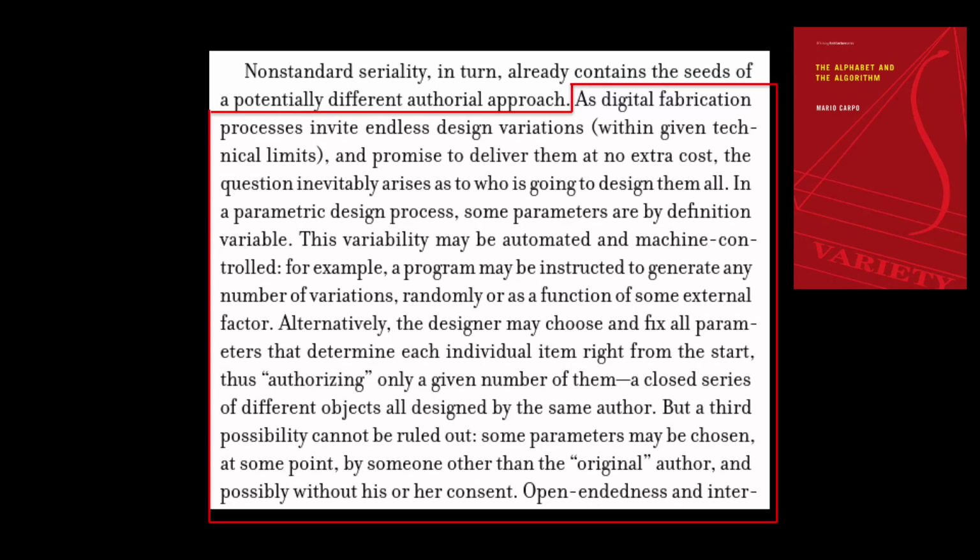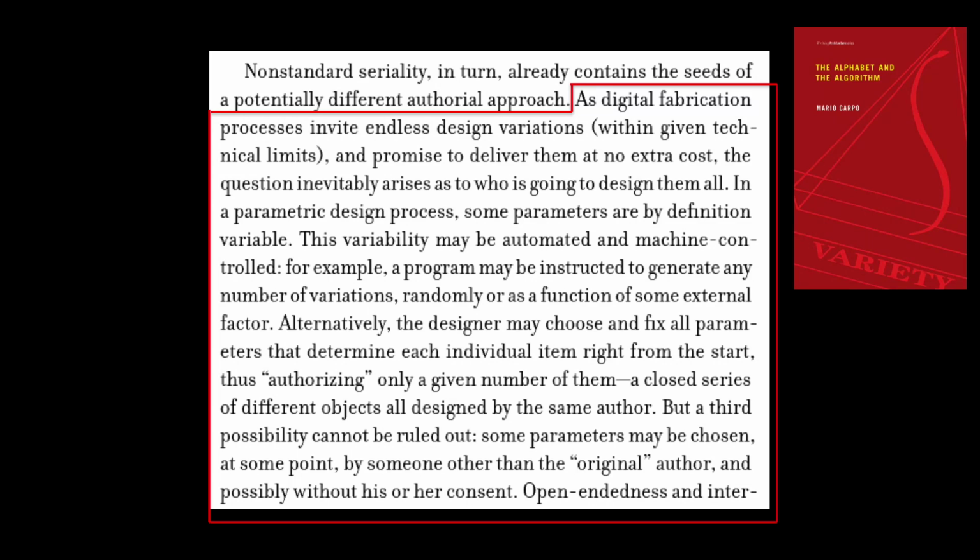In a parametric design process, some parameters are by definition variable. This variability may be automated and machine controlled. For example, a program may be instructed to generate any number of variations, randomly or as a function of some external factor.